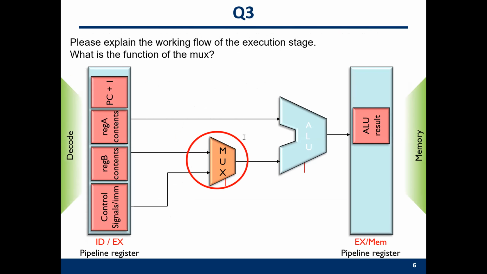So this is the execution stage. This mux is used to select the second register or the immediate data. So sometimes you can have an instruction like this.